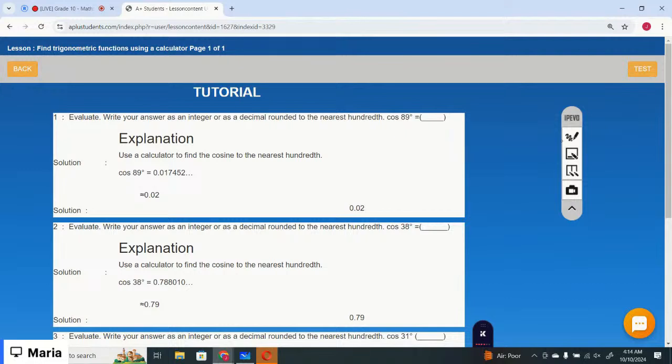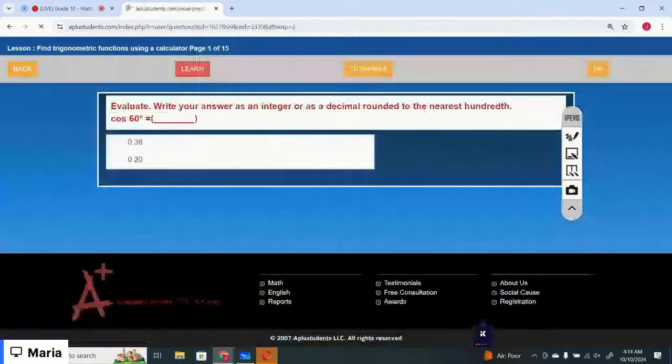Let's just start with the test questions. Evaluate cos 60, right? So cos 60, use the calculator.